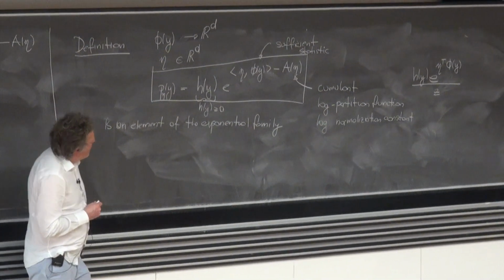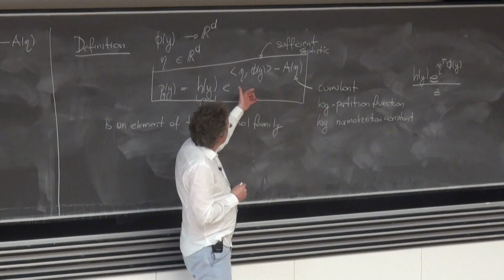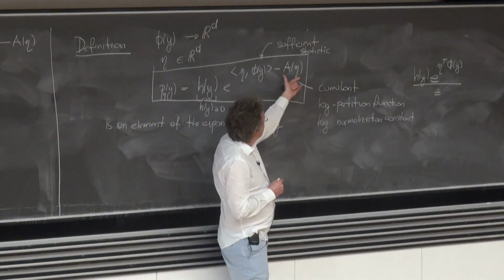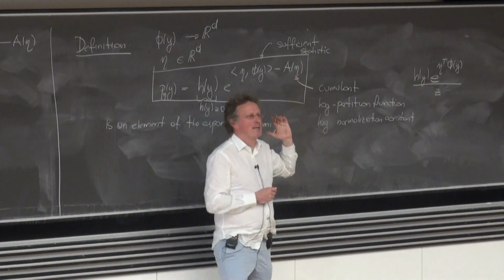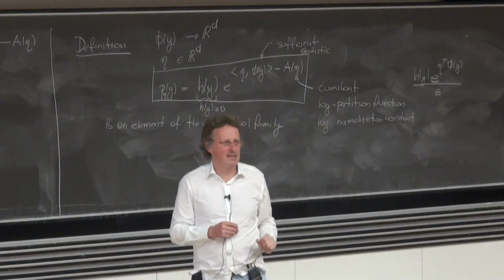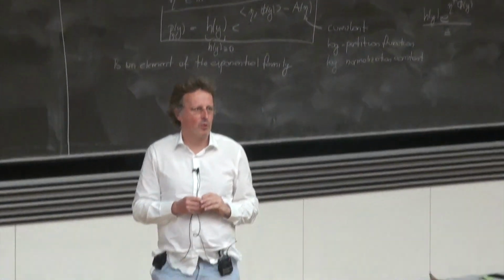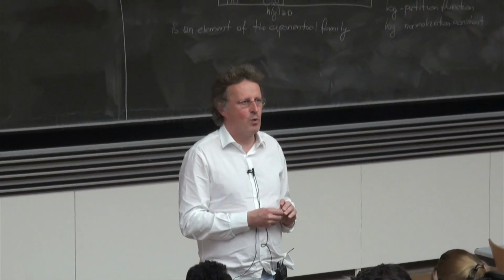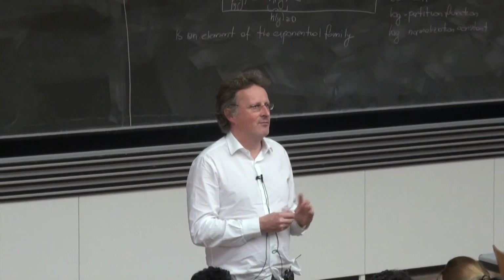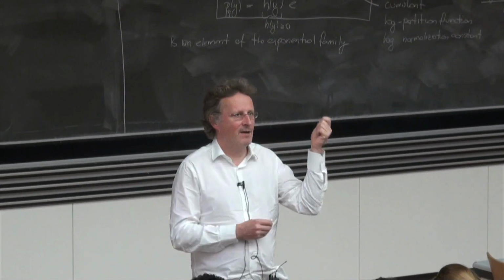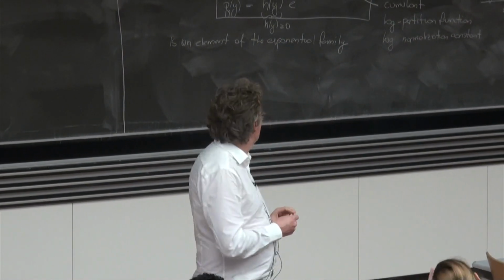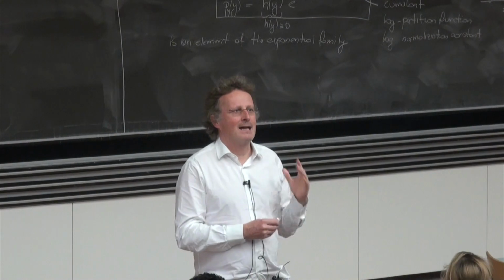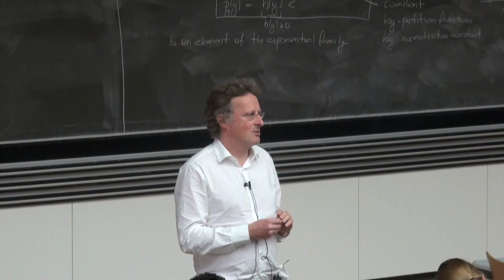Now, there's something that's curious about it, as we'll see. In general, this is just a normalization constant, and you would think that a normalization constant is not very important, right? If I give a distribution, all that matters is that it sums up to 1. But it will turn out that if we're thinking of that distribution as a function of this parameter eta, a lot is encoded just in this normalization.